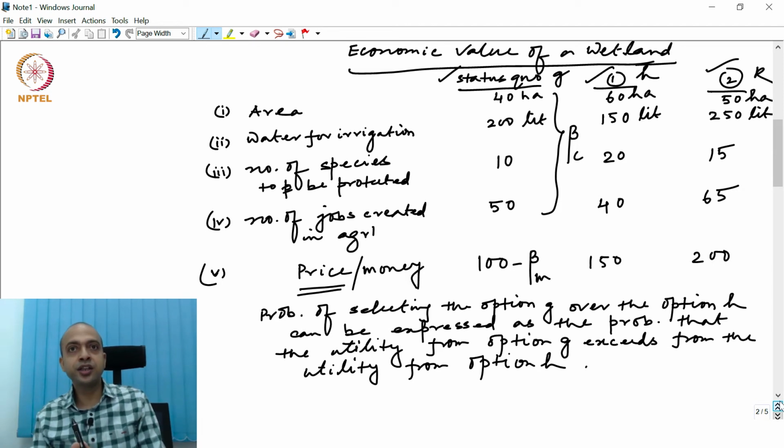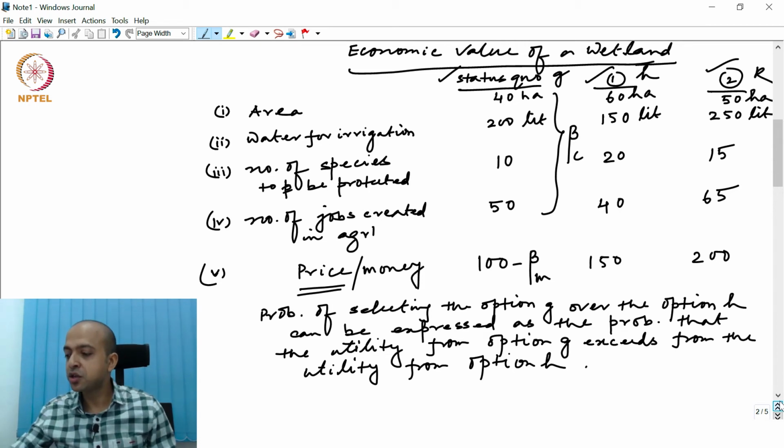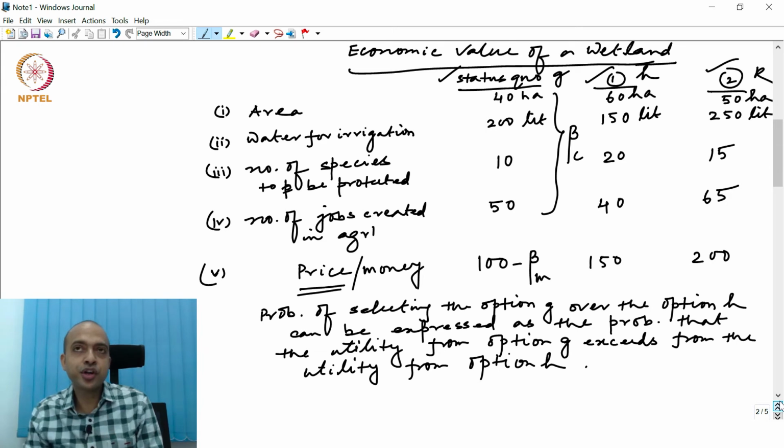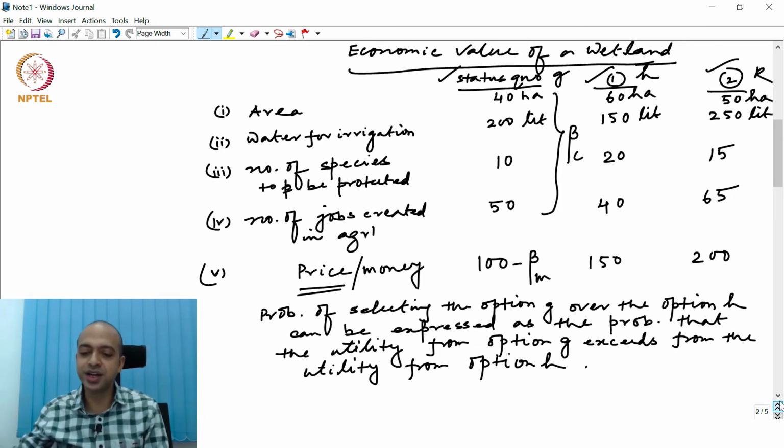But in the world, nothing comes as purely beneficial, right? So when we try to overcome the problems of contingent valuation method by designing a choice experiment, the model also comes with a major limitation. What is that?